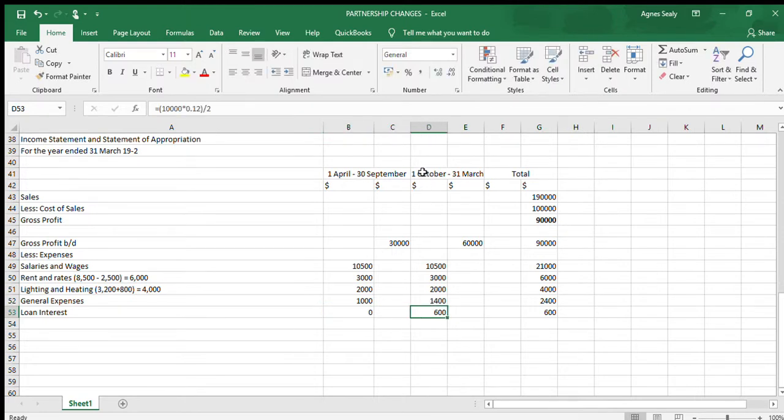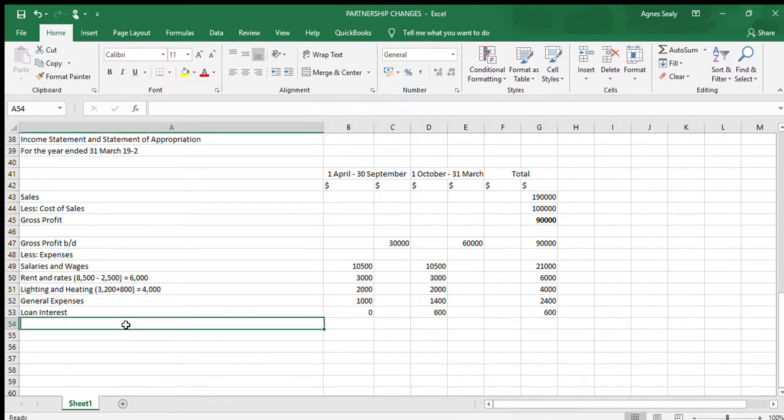But from October 1st, 19-1 to 31st of March 19-2, we had a loan of $10,000 at an interest rate of 12% per annum. And we had to calculate our interest for our loan for that period.